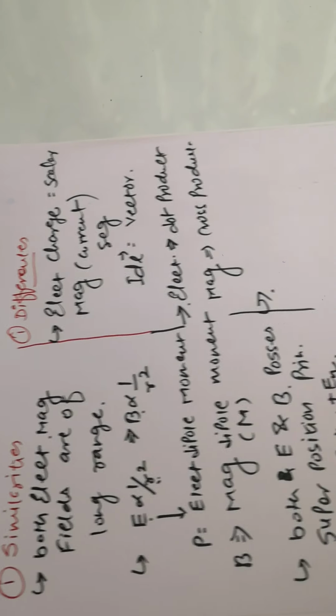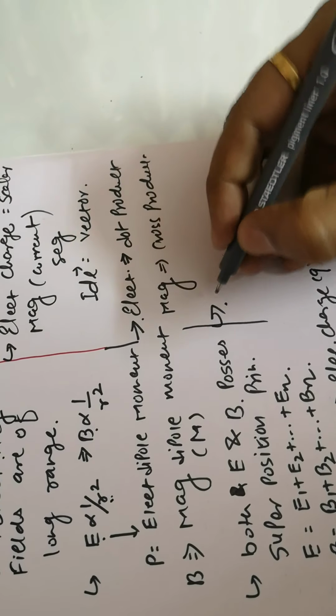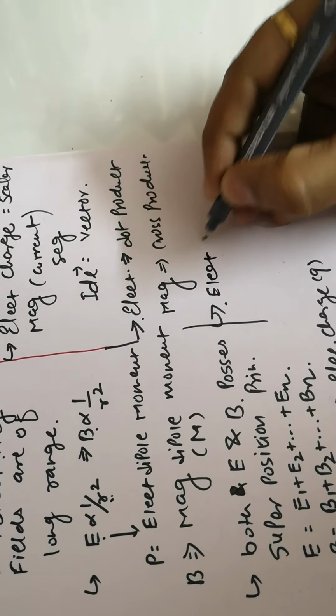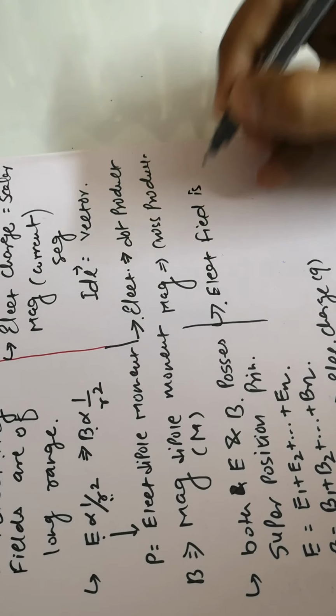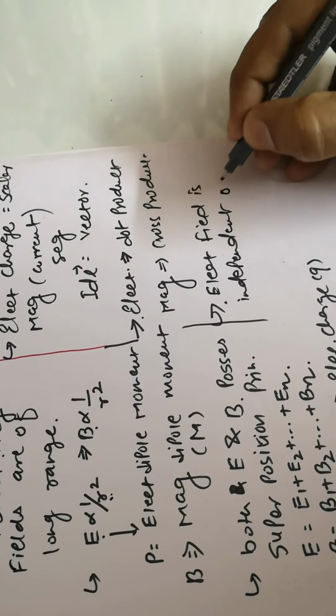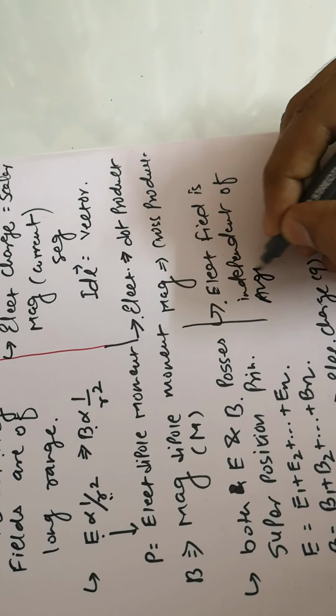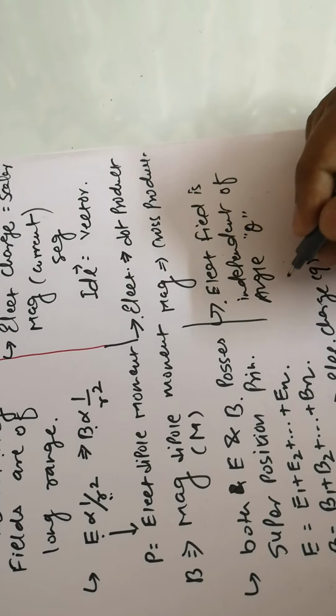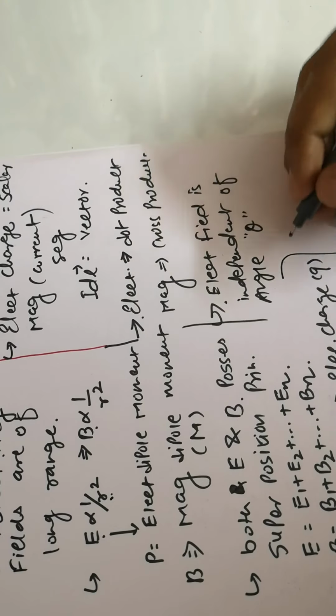Last but not least, and also important, electric field is independent of angle theta, while my magnetic field is dependent on angle theta.